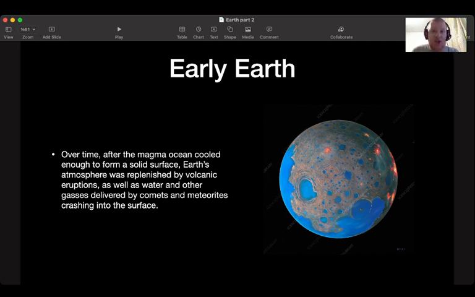Things like oxygen and carbon dioxide all came from outer space. So the air that we breathe and the water that we drink is, in fact, a gift from outer space, you guys. All comes from comets and asteroids.